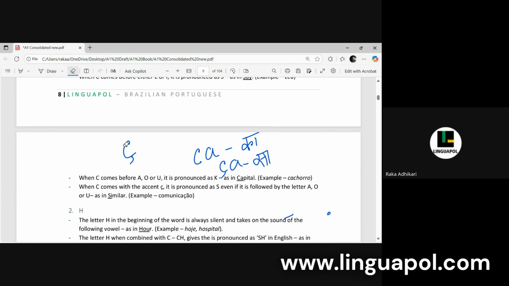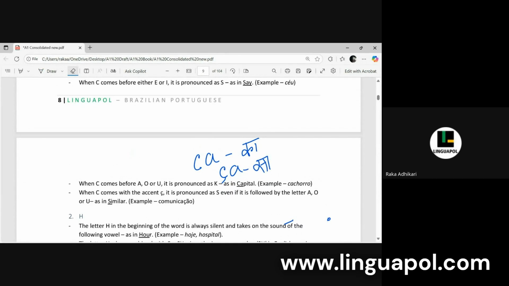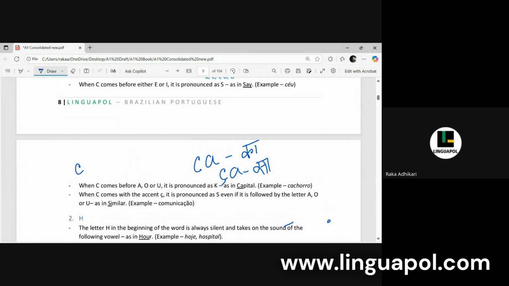So whatever combinations actually give out the sound of k, for example, CA or CO or CU, if we add an accent under C in all these combinations, then all of them become sa.